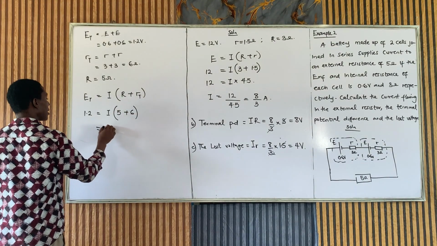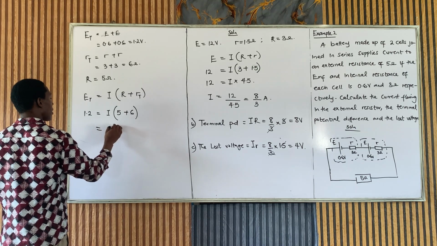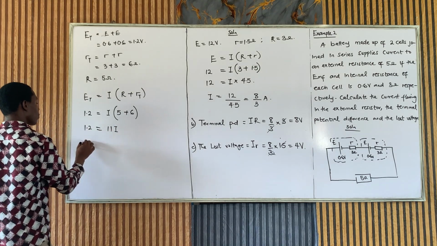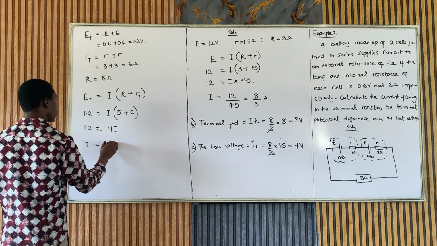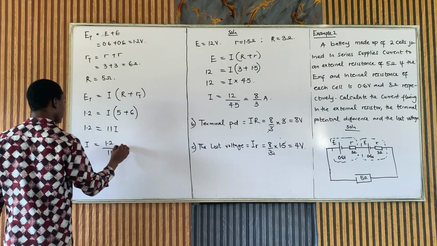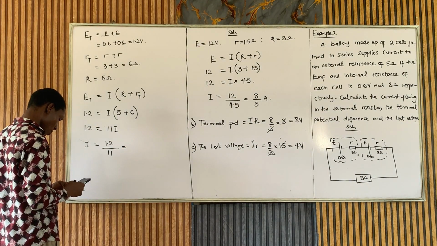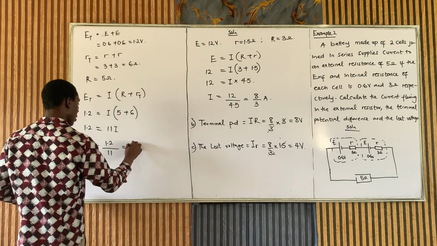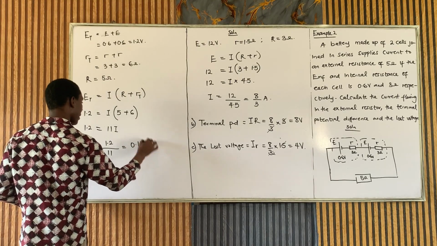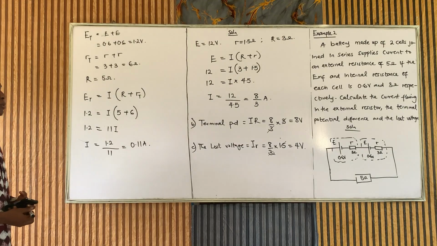So this will just be 11 I is equal to 1.2. So I will be equal to 1.2 divided by 11. So this is 0.11 ampere. That's the answer to this.